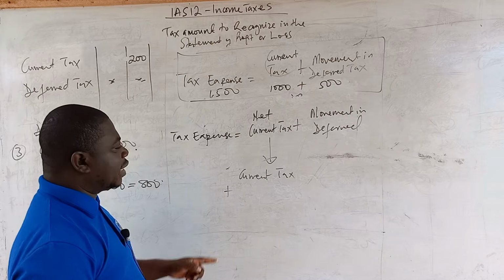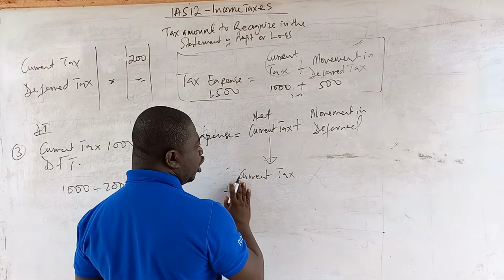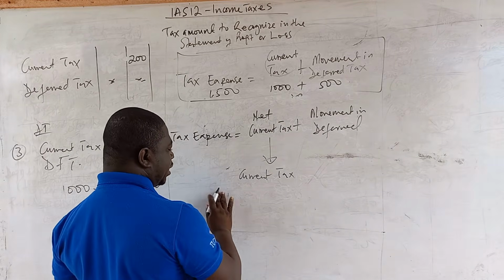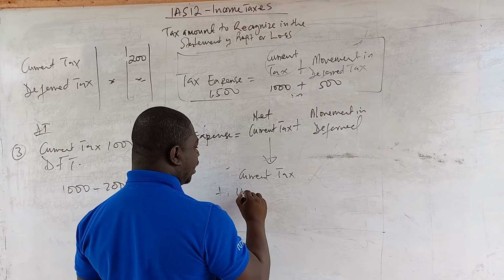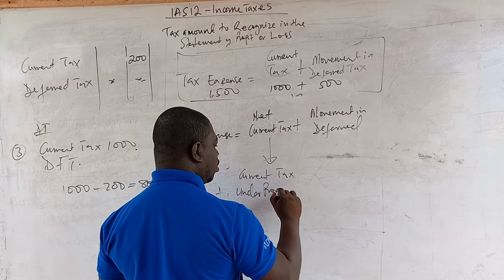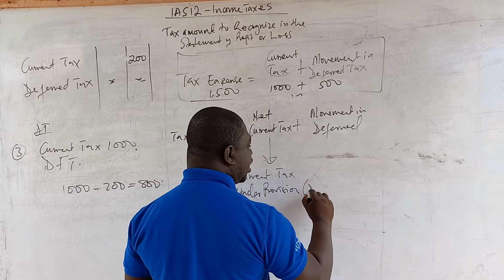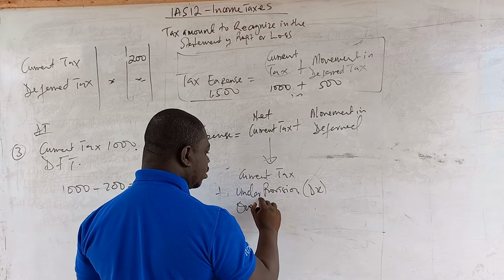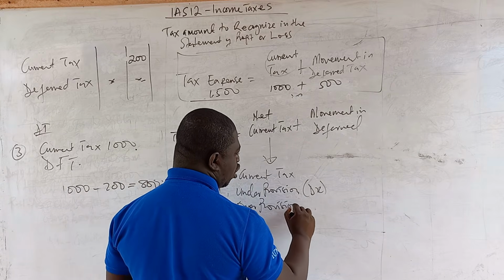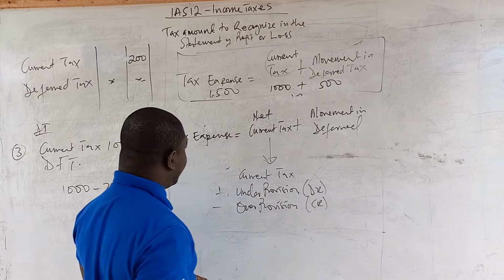So current tax, if there was any over provision, you subtract it. So current tax plus under provision, and under provision is found on the debit side. And then you subtract over provision. Over provision is found on the credit side.